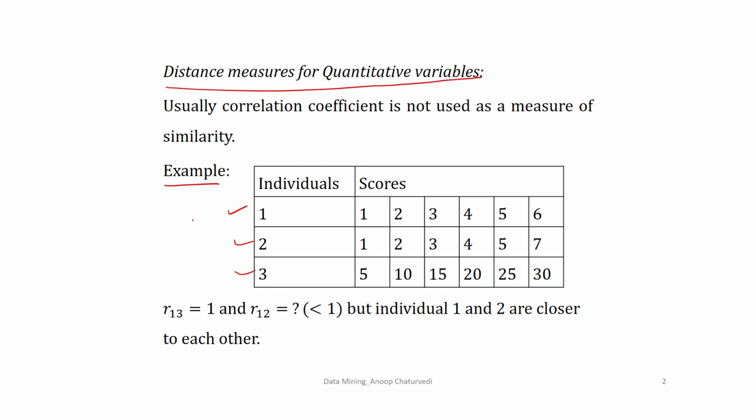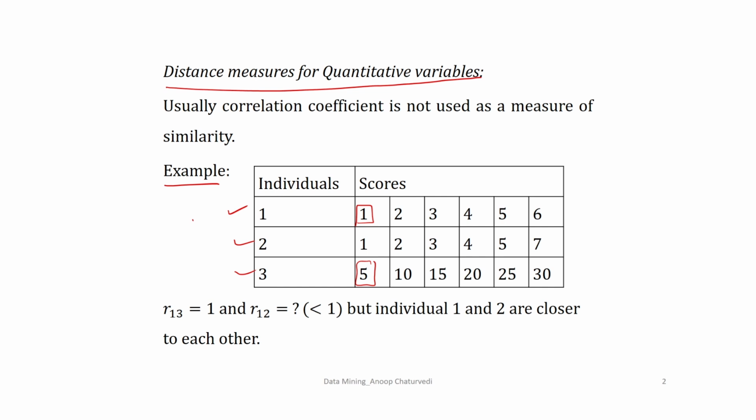Then you observe that the score of individual 3 is 5 times the score of individual 1. So, 5 is equal to 5 into 1, 10 is equal to 5 into 2, 15 is equal to 5 into 3 and so on.